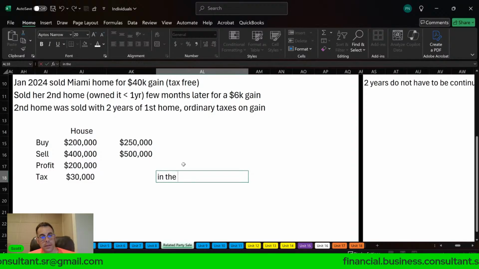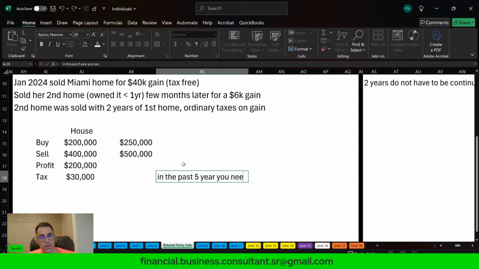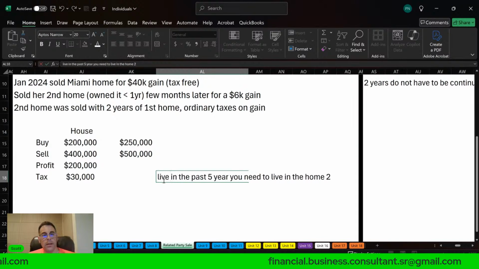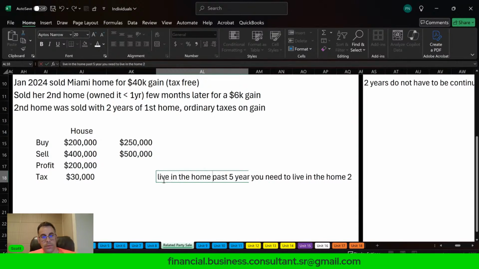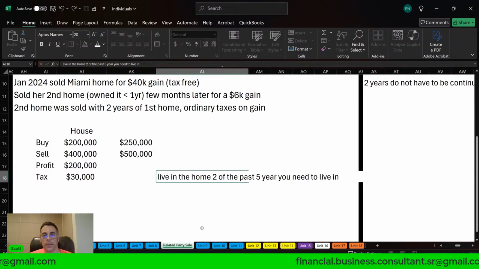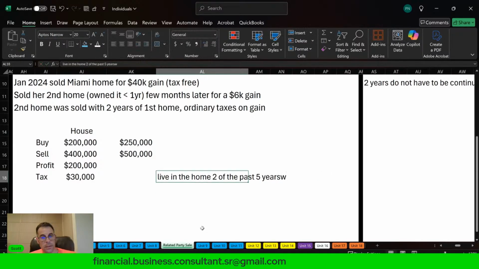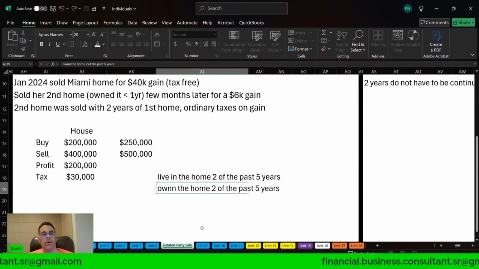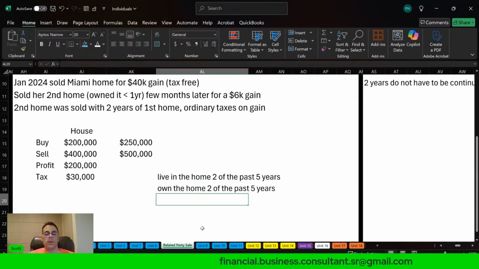In the past 5 years, you have to live in the home, and you have to own the home. Just those two things have to happen.